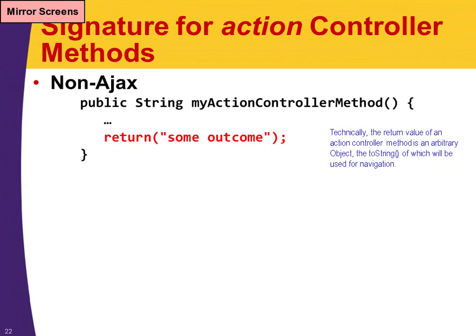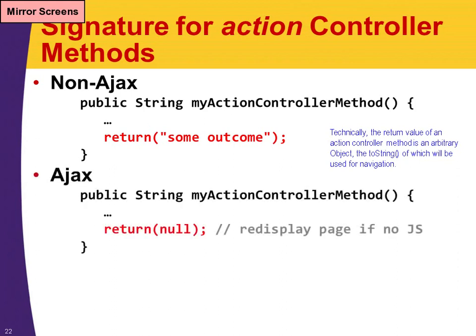Okay? So generally speaking, that's what we're assuming, that in the non-Ajax form, it's going to return something that the system can then interpret as where to go next. Okay?